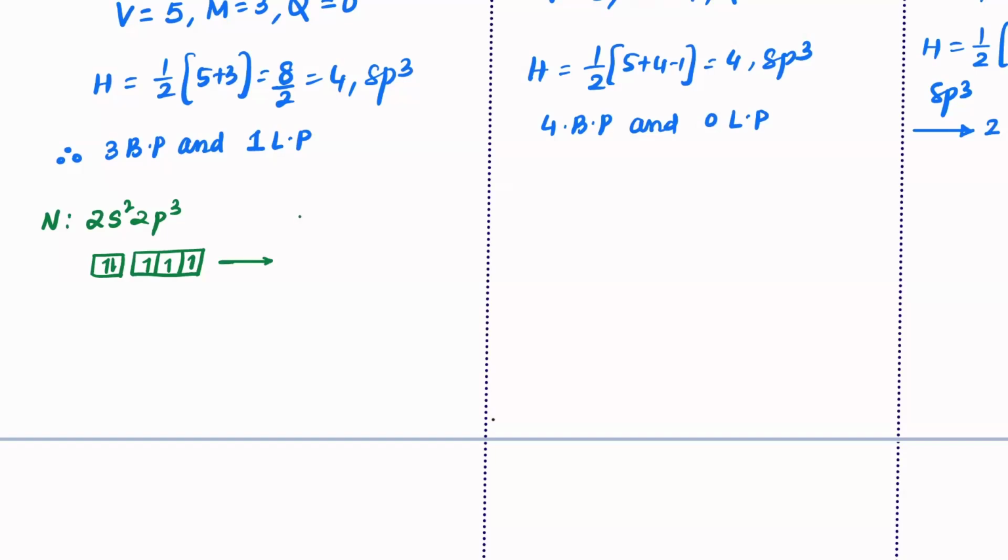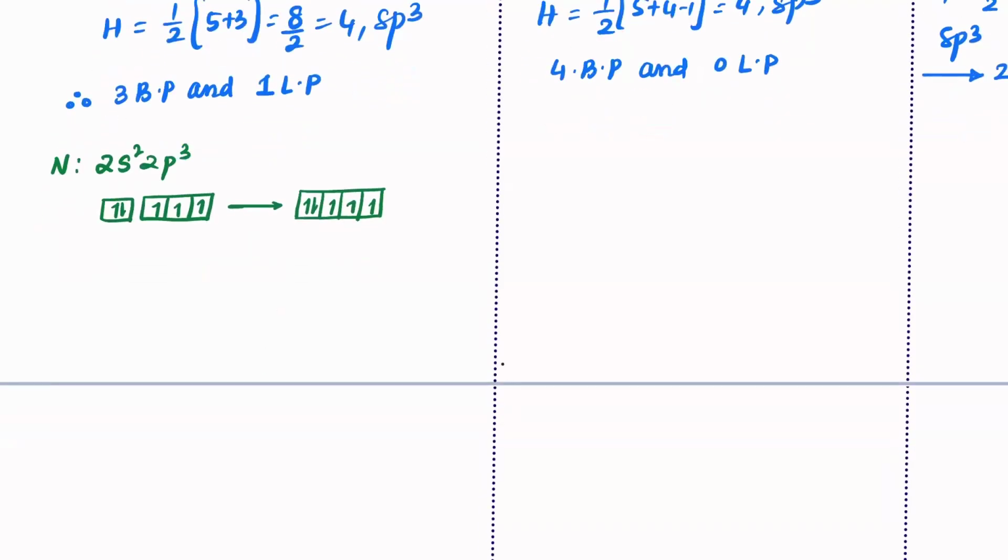When you mix all 4 of them, I will get a set of 4 new orbitals like this, in which one would be a lone pair, the other 3 will be single electrons. So all of these mixed orbitals are sp3 hybridized orbitals.